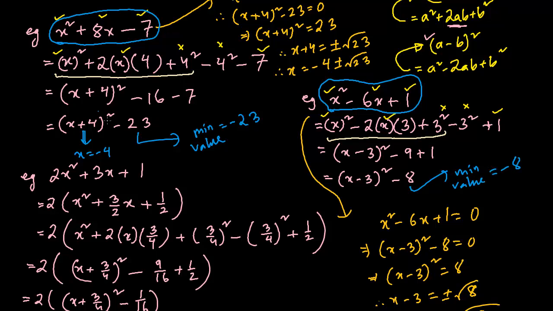It's a coincidence, both here and here the minimum values are negative. It doesn't have to be negative. And at what value does this minimum value occur? It occurs when x = 3. Whatever the value is inside the bracket, you have to reverse it, as if this one is equal to 0. So that is the minimum value.